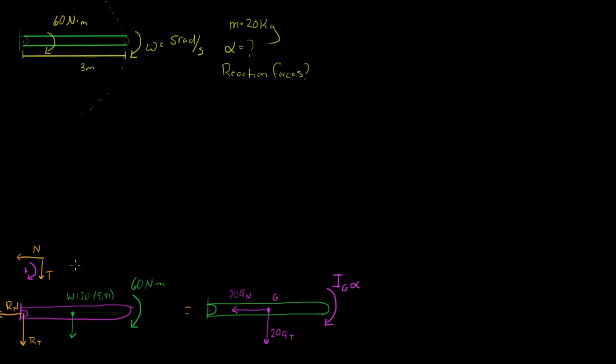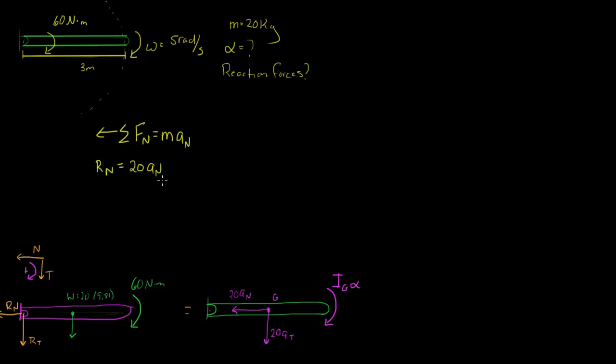So let's start with the normal direction. This is positive. Sum of the forces in my normal direction is equal to mass times acceleration in a normal direction. I have this Rn is equal to my mass times my normal acceleration.